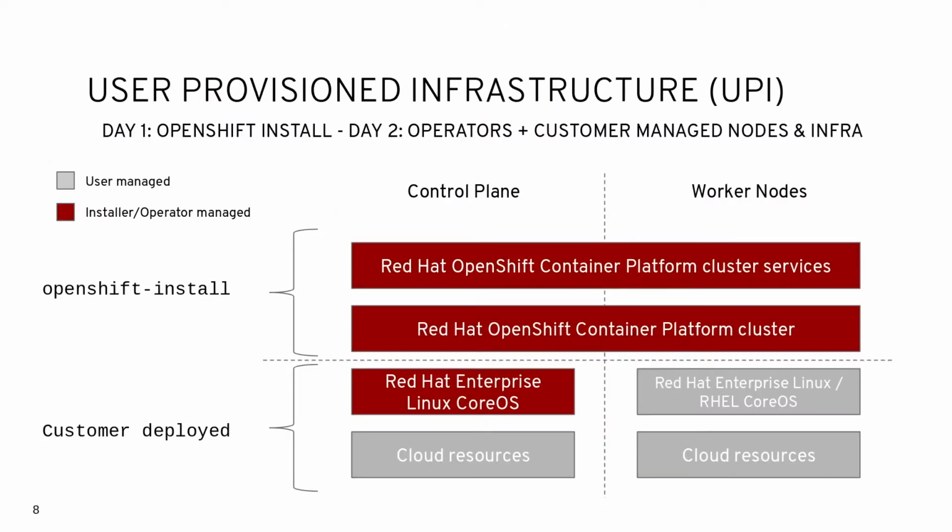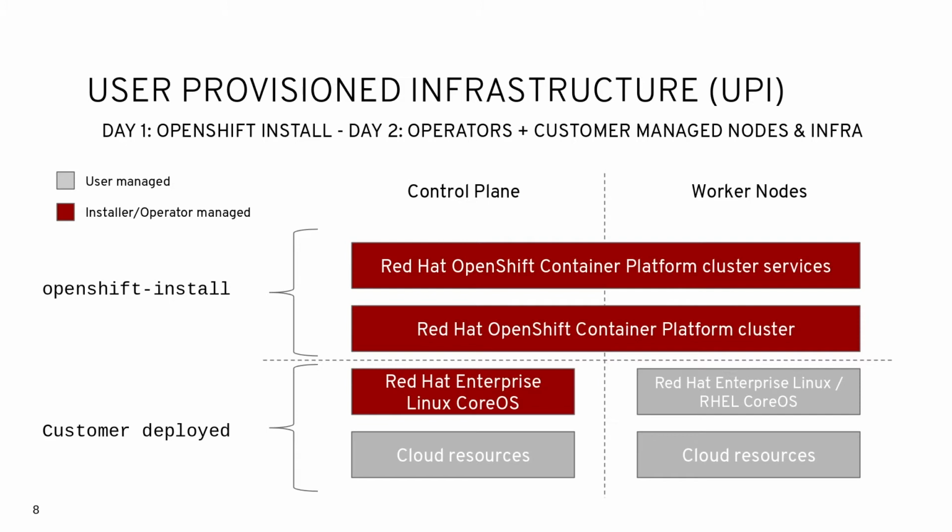But we also understand that some customers have requirements in regard to setting up their infrastructure, and this is why we also offer the second mode for running the installer, which is called user provisioned infrastructure.